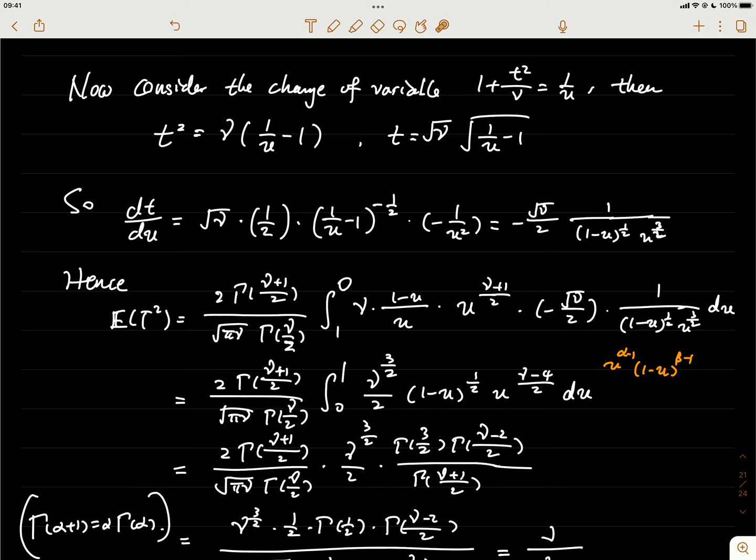From here we can directly pull out this, and the integral of this thing should just be the constant in front of the PDF of the beta distribution, which is gamma of alpha plus beta, over gamma of alpha times gamma of beta.